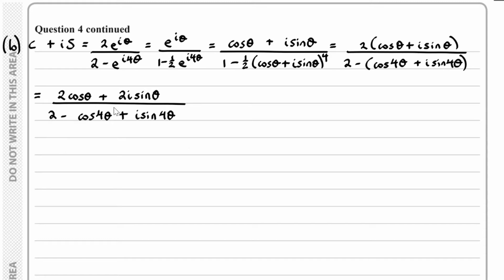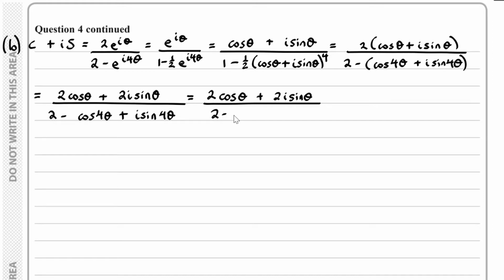So in terms of what we have here, all we have to do with this 2 cos theta plus 2i sine theta is multiply the top and bottom by the complex conjugate of the bottom.